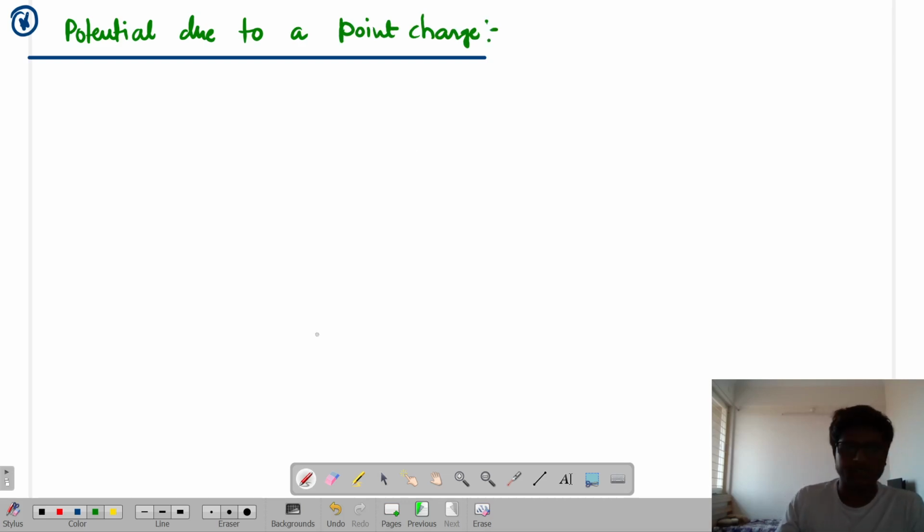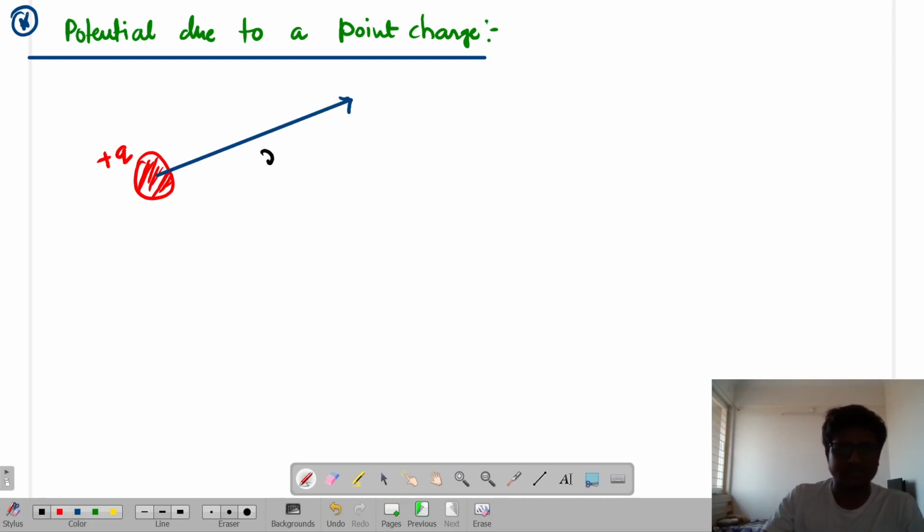Okay, so suppose I have a point charge, plus q, kept over here, and I want to find its potential, meaning its ability to affect another charge over here at this distance r. Did you understand? What is potential?